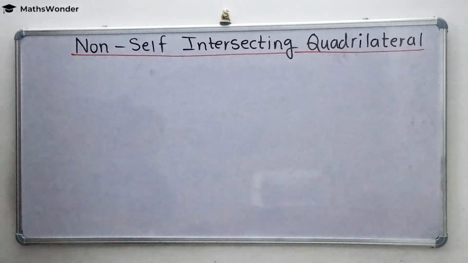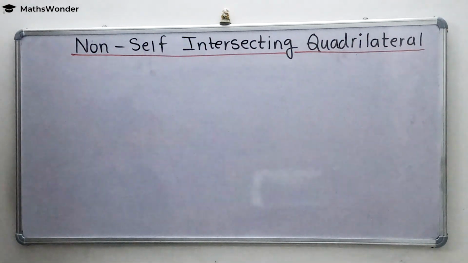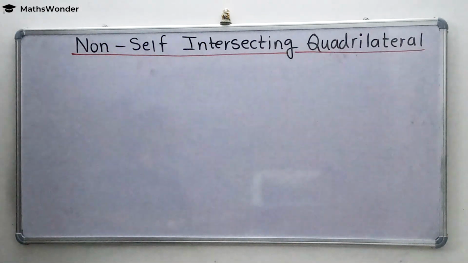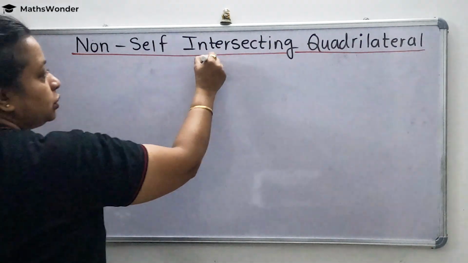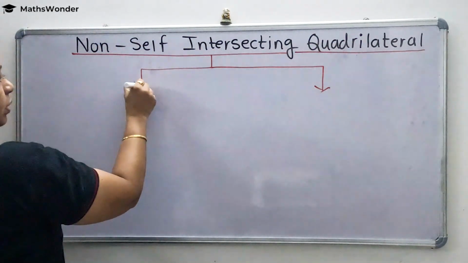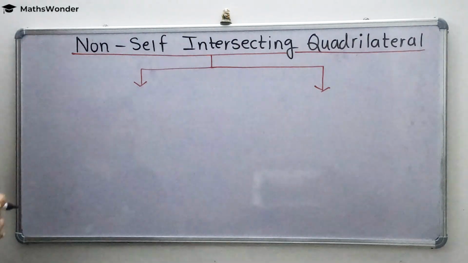Now the important part of this is depending upon the measure of the angles, simple quadrilateral. So non-self-intersecting quadrilateral is simple quadrilateral. This simple quadrilateral can be classified into 2 types, which is convex and concave.